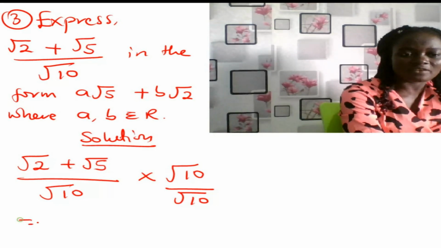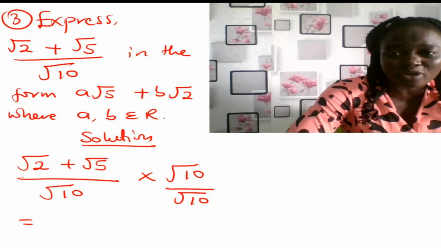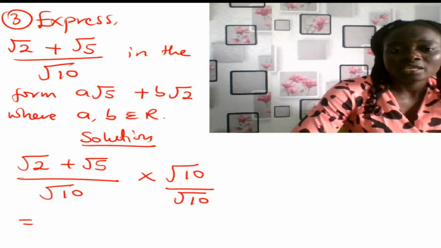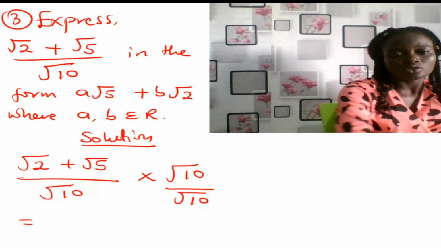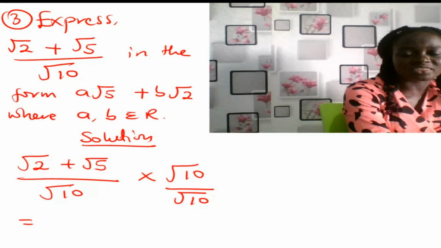So take them one after the other and break it down. As we did in our previous lesson, if you need to simplify it further, do so. So this root 10 will multiply everything here.